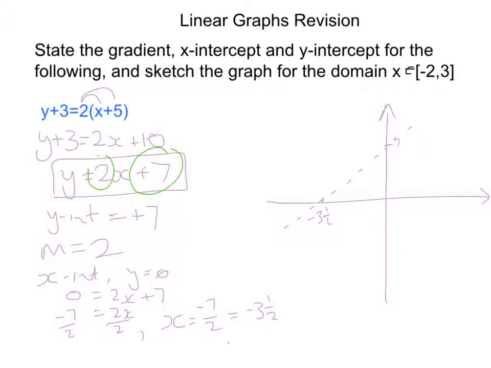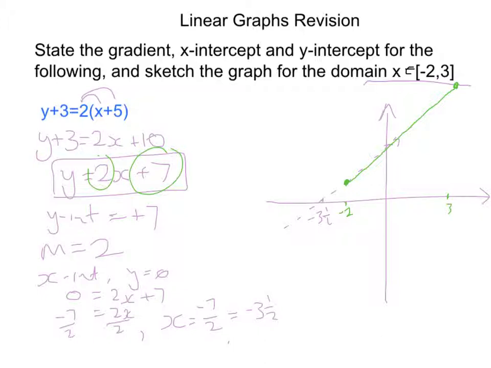But we have our restriction for the domain, so that tells us that we can only go as far as negative 2 there, and we can go as far as 3 over here. So our graph is going to go through like so. Closed end there, closed end there.